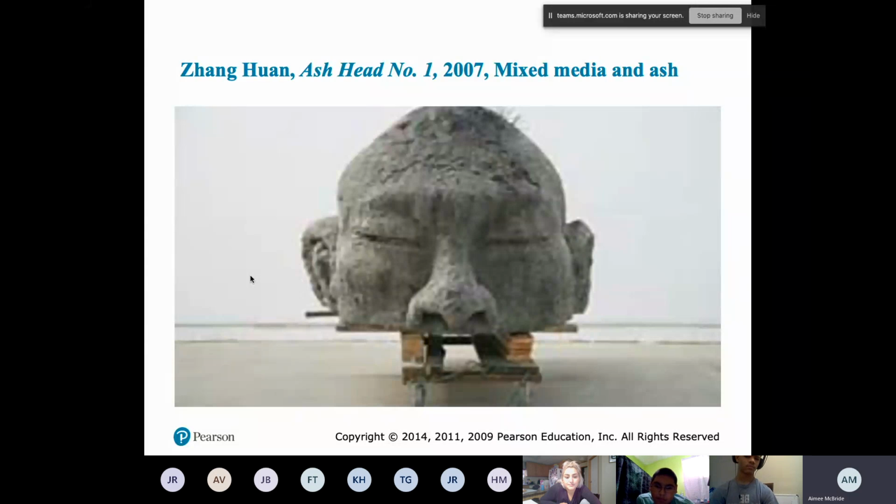This used to be an entire Buddha's head, but because things deteriorate, ash blows away. So it's no longer in existence, is what I'm getting around to. So these prayers were repurposed to make a statue of Buddha, and over time, the prayers have blown away with the wind. So once again, another example of art in worship.